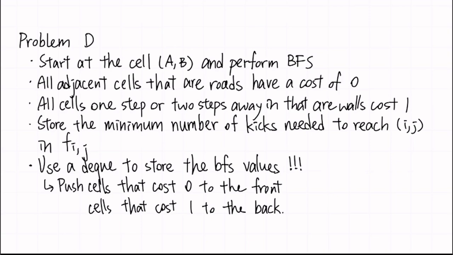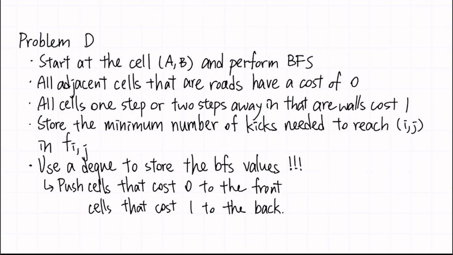This is because we want to minimize the number of kicks, so we want to process the cells that cost less first to reduce the time complexity, so we don't have to process them many times, as we would if we did it not in order. And I guess this can also be done with a priority queue, but I think using a deque is fine.